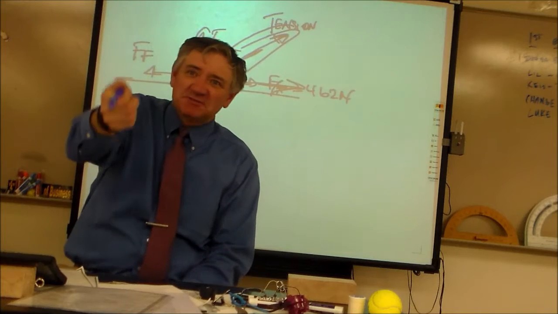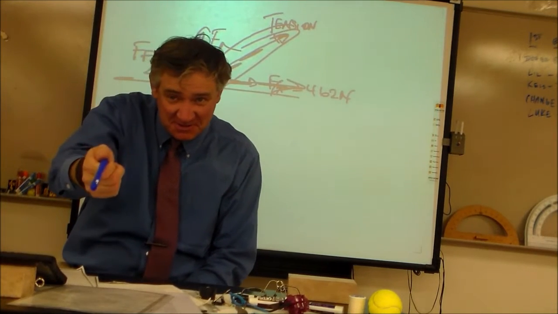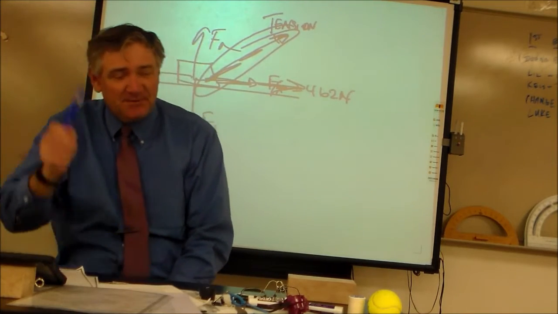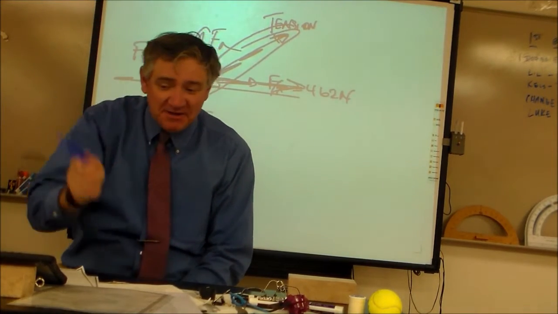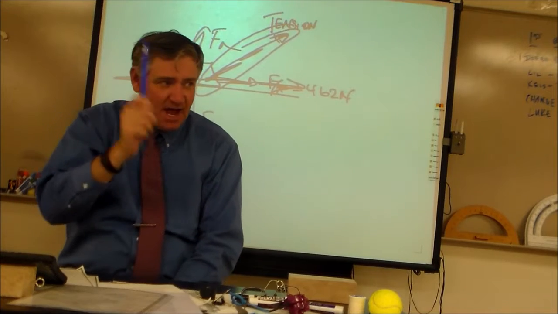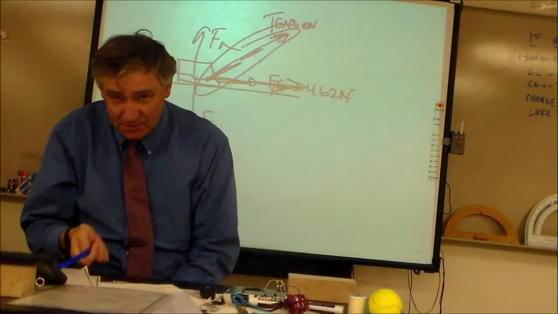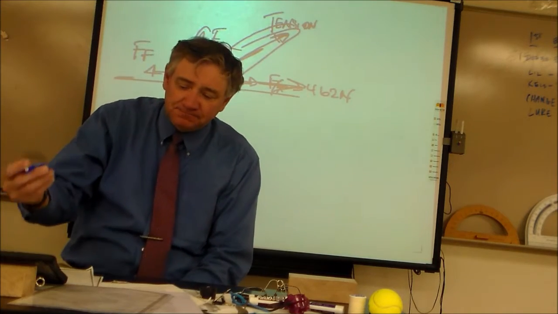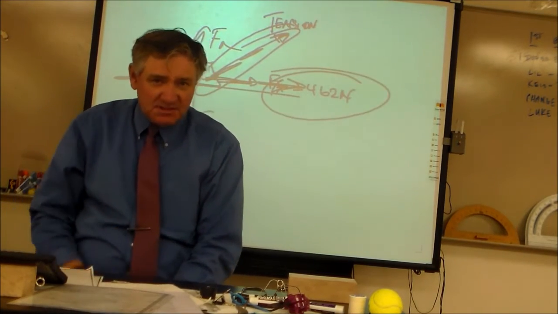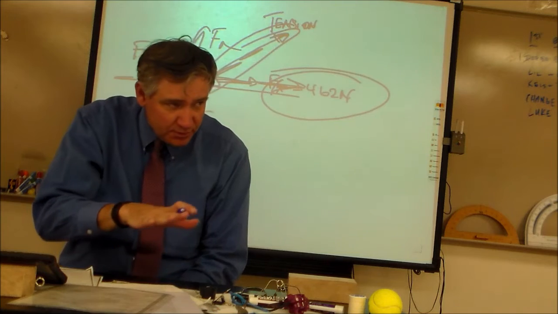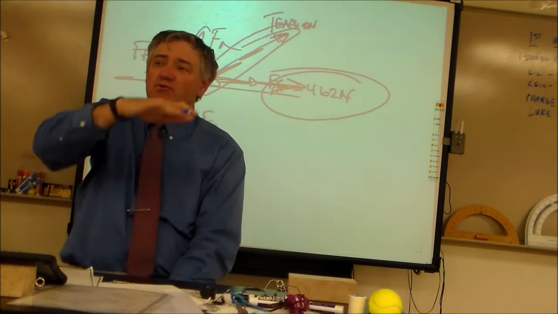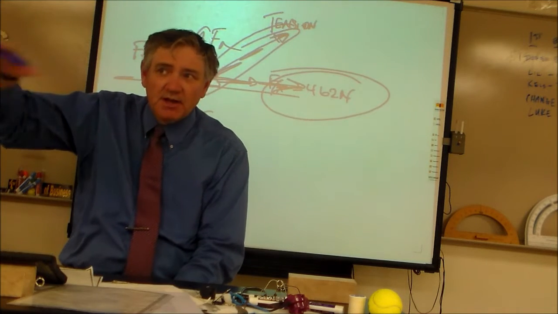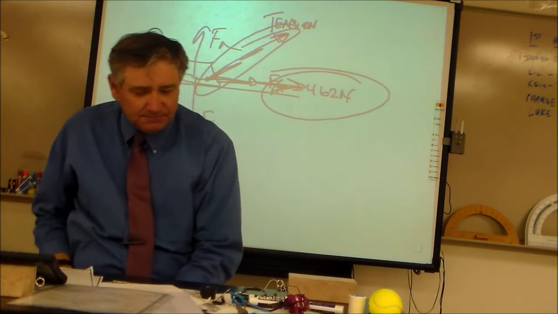In my defense, a former student of mine named Kara just donated like 20 bucks to the hair fund. That's why I had that on the mind. So you know that answer has to be bigger than 462, because it's the hypotenuse of the triangle. But remember, when you're doing work calculations, you only consider the force that's in the direction of motion. That's the only force that you consider.